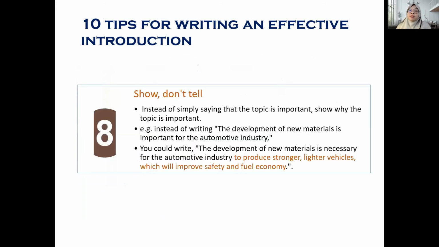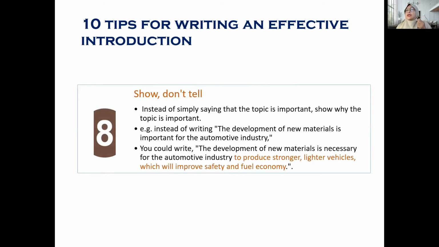So number 8, show, don't just tell. You must show. This means that instead of simply saying that the topic is important, show why the topic is important. For example, "the development of new material is important for the automotive industry." So this is not correct.